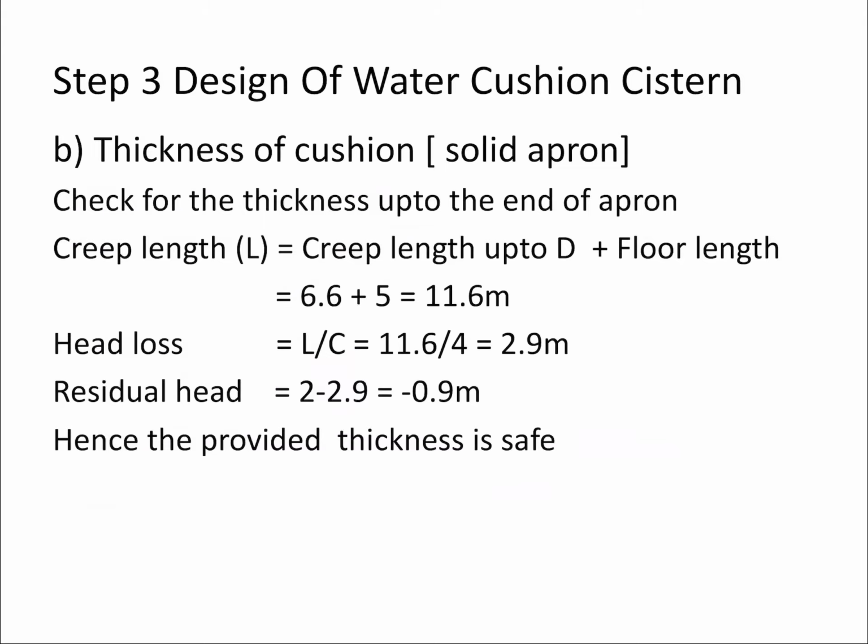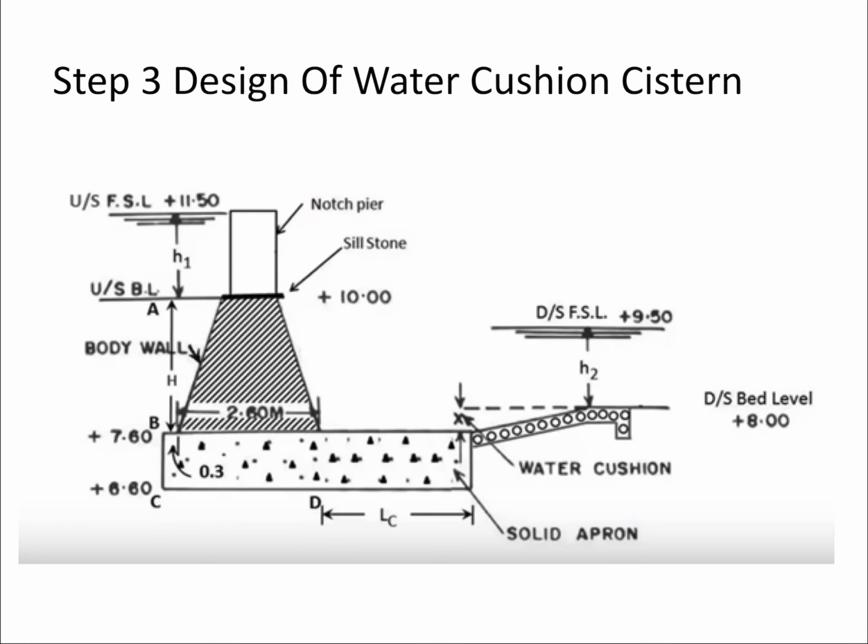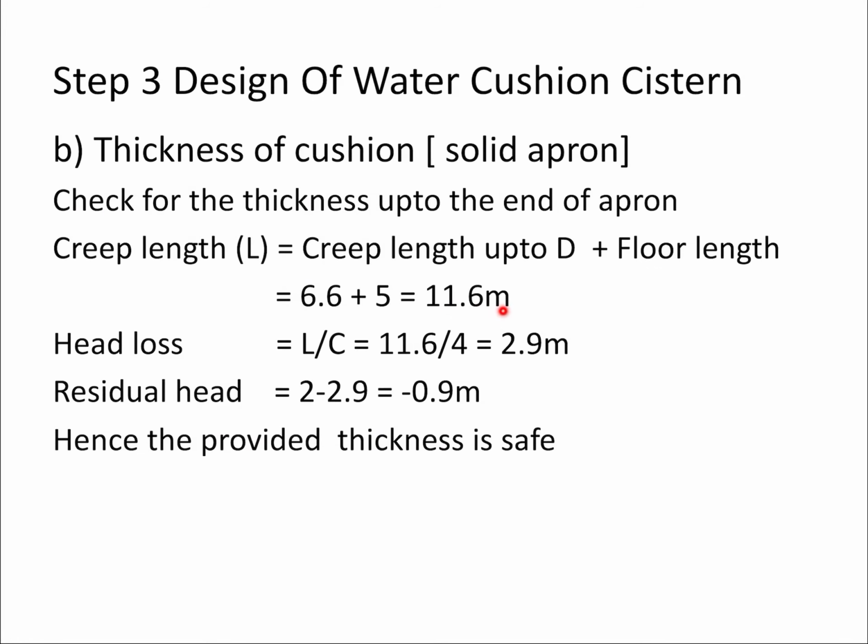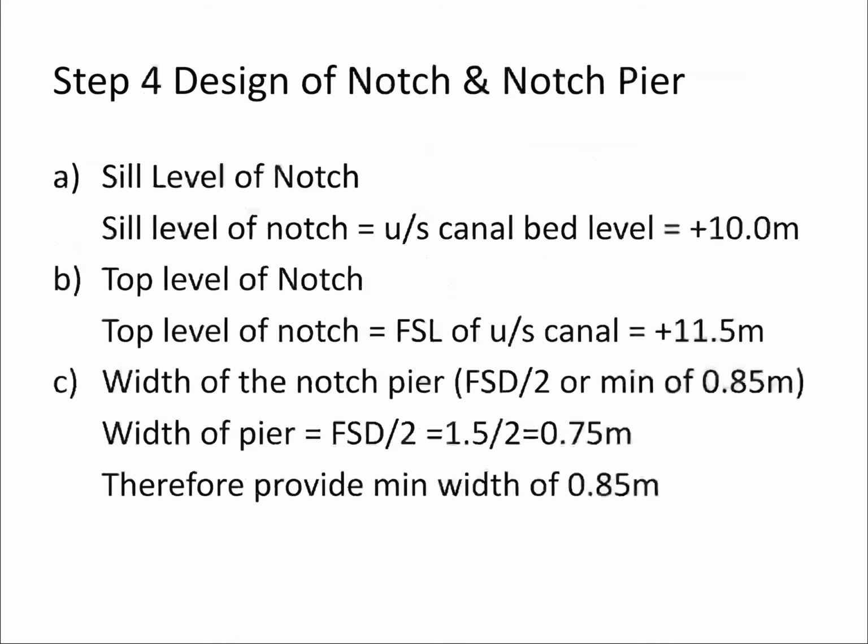Then floor length 5 meter is provided. Adding that, you will get creep length at the end of the apron as 11.6 meter. So head loss will be equal to L by C, which is equal to 11.6 by 4. You'll get 2.9 meter. Residual head is 2 minus 2.9, which is negative. So the provided thickness will be safe.